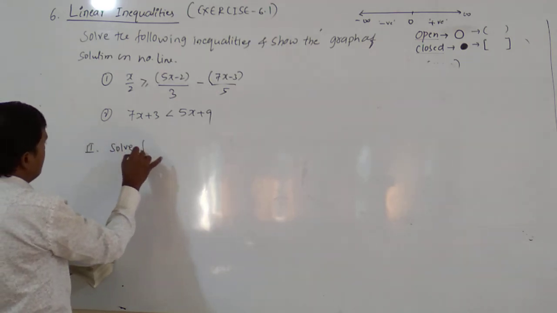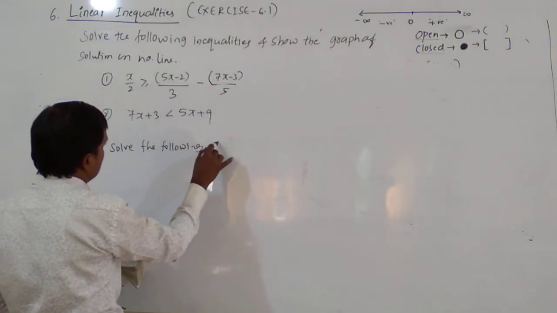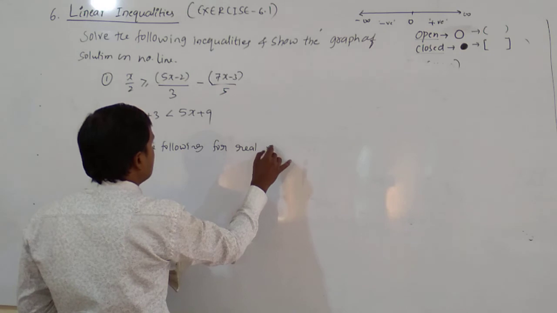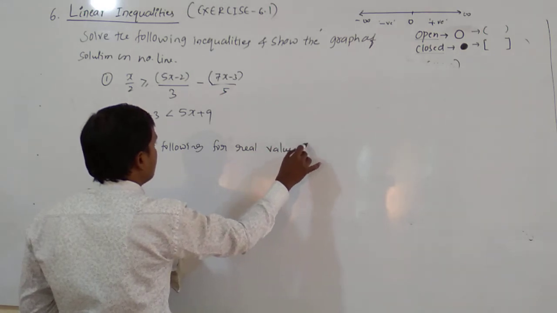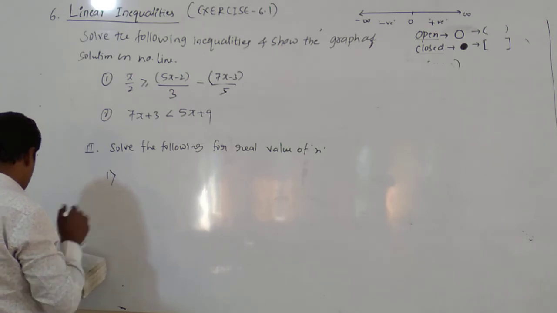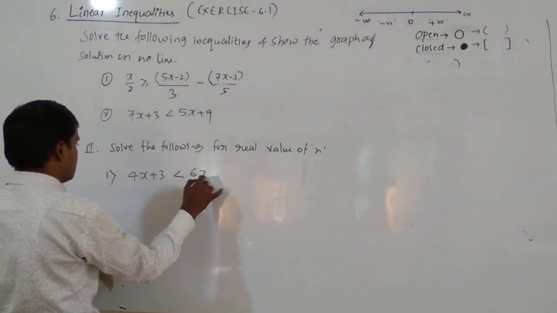Solve the following for real values of x. In that, the first one: 4x plus 3, which is less than 6x plus 7.